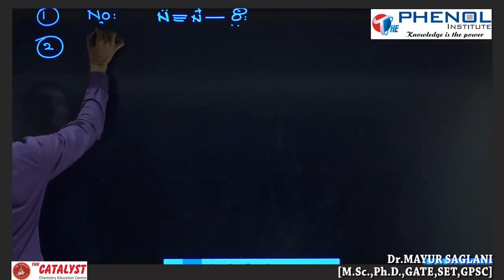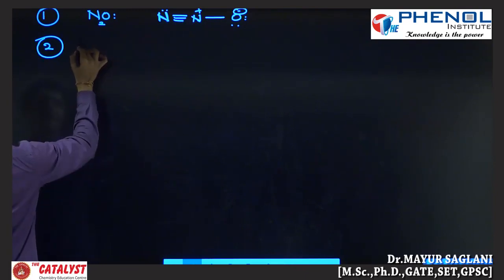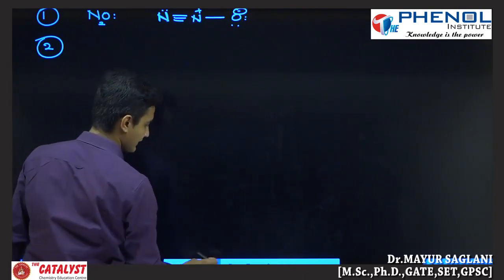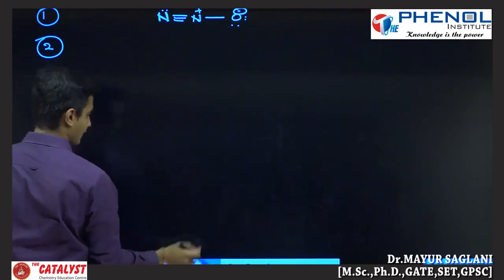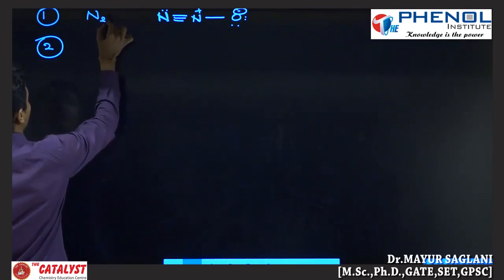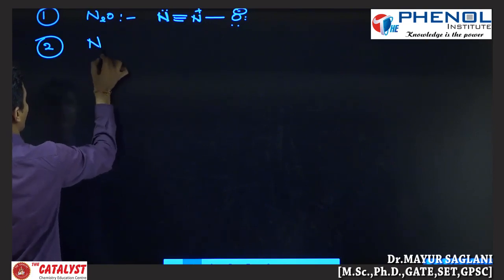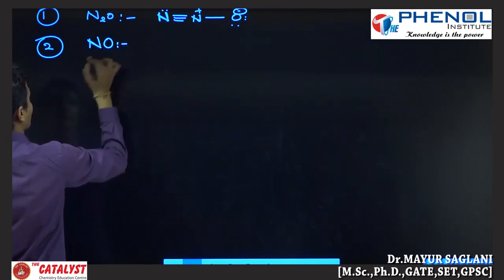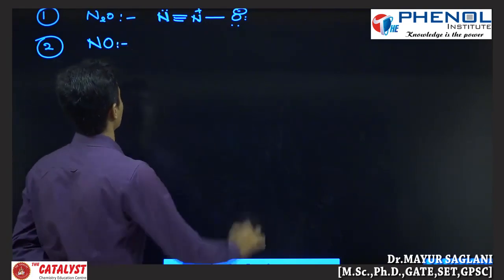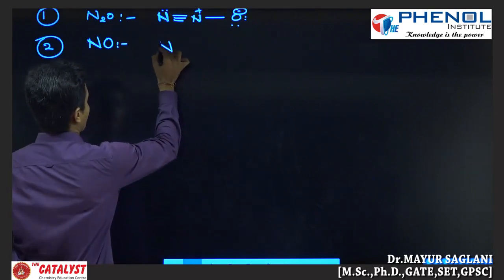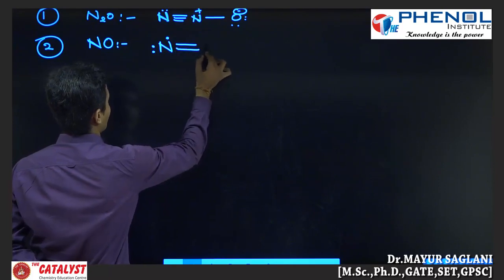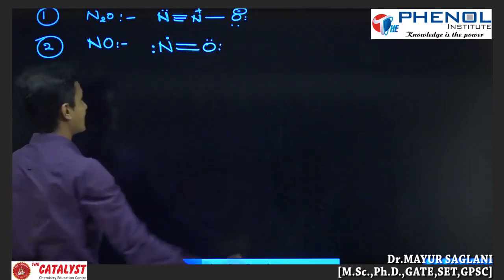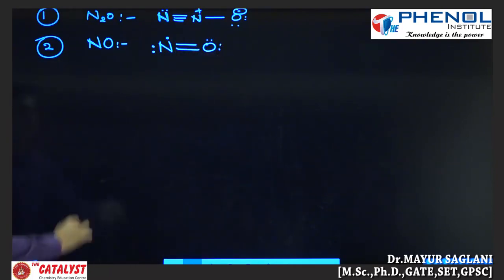The first oxide is N2O, and that's why I have written it first. Next we will see NO. Nitrogen oxide has one extra electron on nitrogen, and there will be a double bond. This one is the structure of NO.